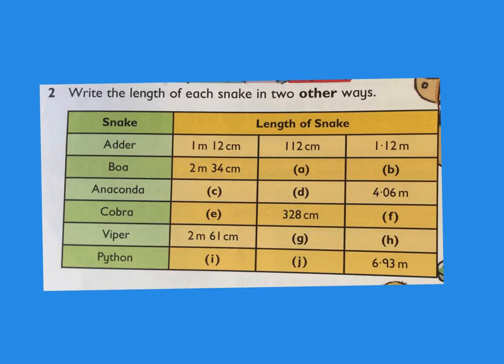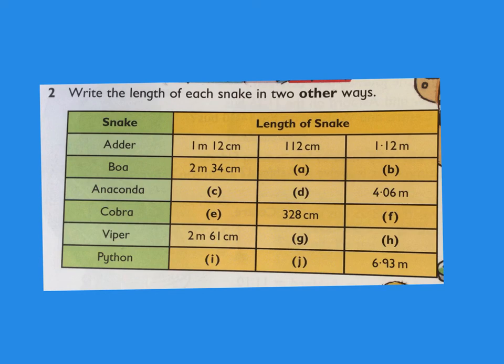Okay, so this slide has a chart that's very similar to the previous examples on the previous table, and we're looking at the length of snakes, and they're written in different ways. Okay, so the first snake here is an adder, and it says 1 metre and 12 centimetres, which is 112 centimetres, which is 1.12 metres.